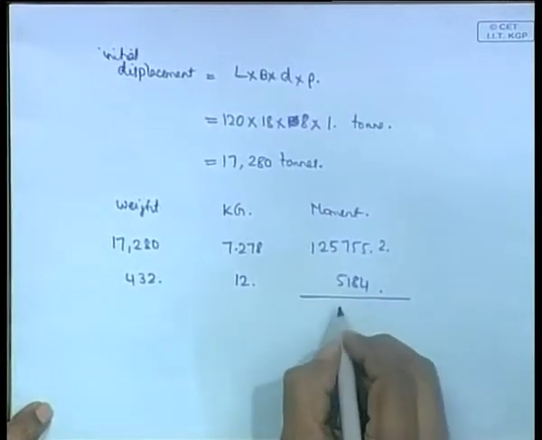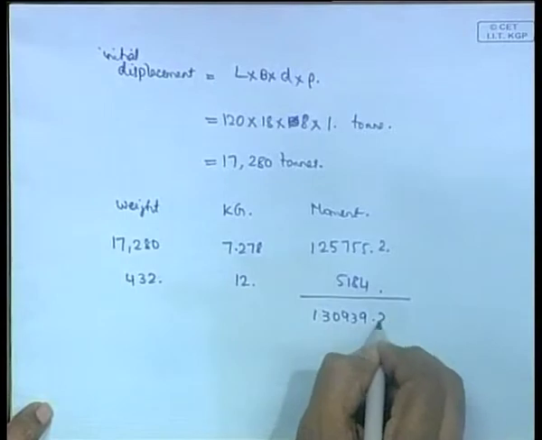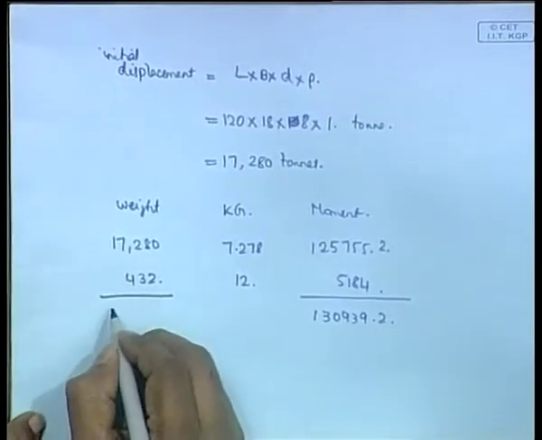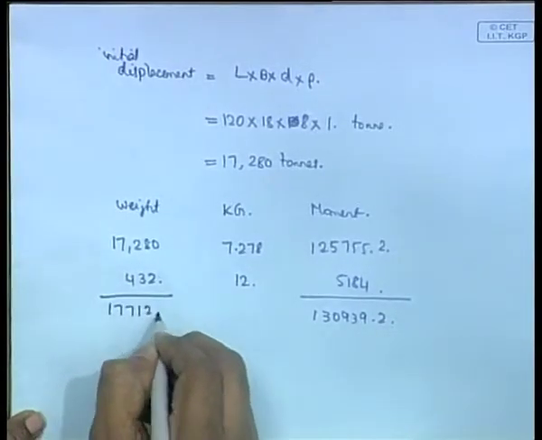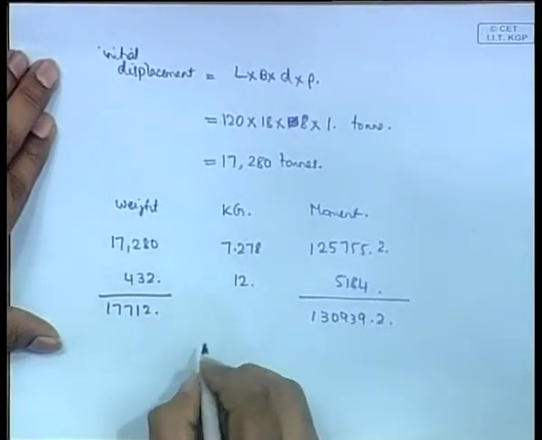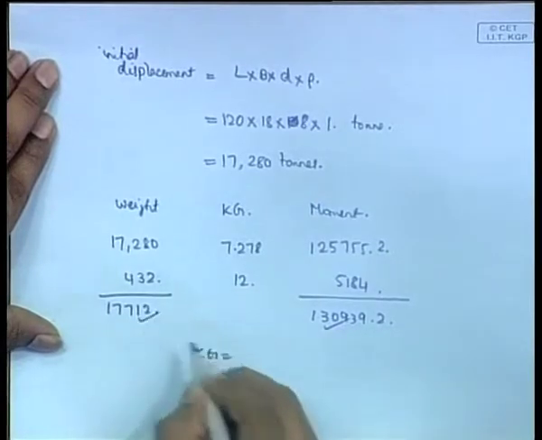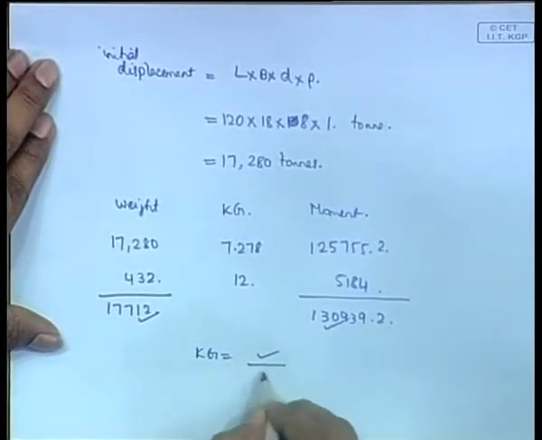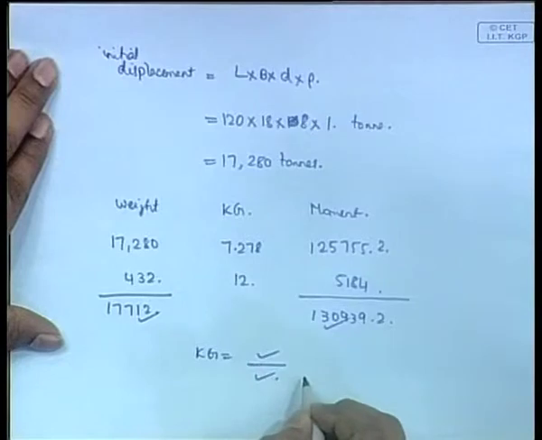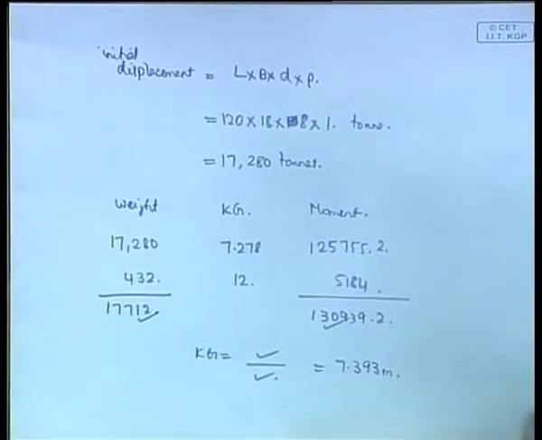So, you find the total moment, sum this up, and this will give you your total. This is just to find your final KG. As you know, KG will be this divided by this. Okay. So, this gives you the KG once the weight has been added.